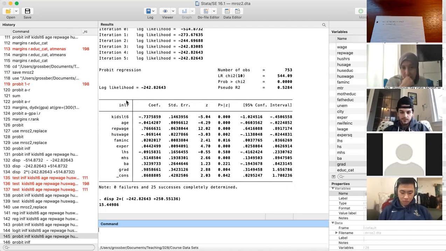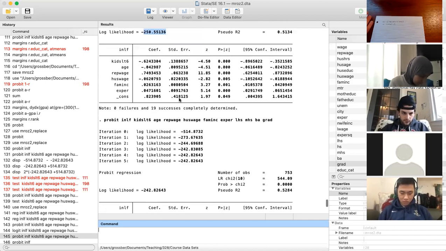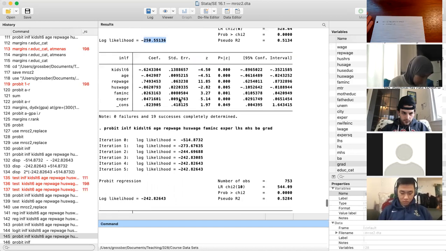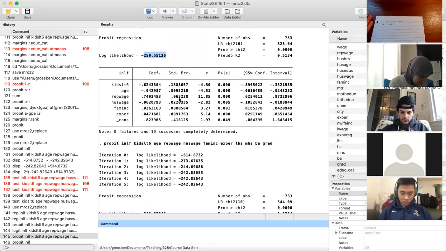So the likelihood ratio test is a fine test, but what you see when you actually work through it like this is that one of the inconvenient things about the likelihood ratio test is that you have to estimate twice for it to work.